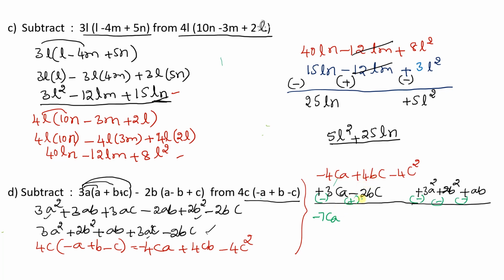Then plus 4bc plus 2bc is plus 6bc and minus 4c square. It should be plus. Yes, let me check.